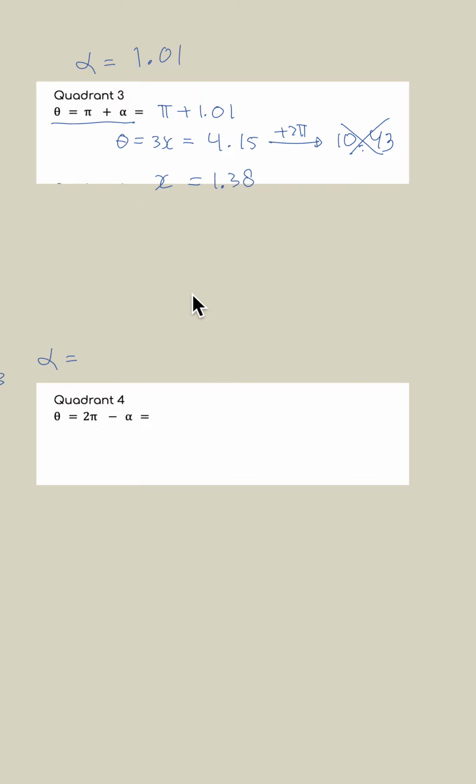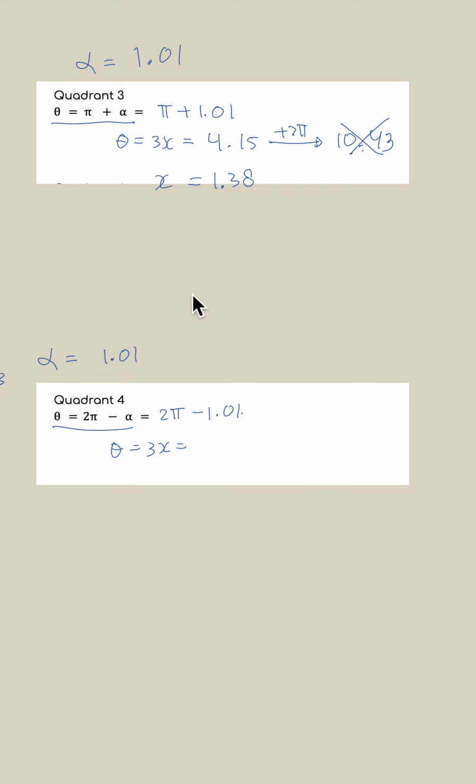How about quadrant 4? Alpha is 1.01. And for quadrant 4, theta is 2 pi minus alpha. Okay, so theta, which is equals to 3x, equals 2 pi minus 1.01.